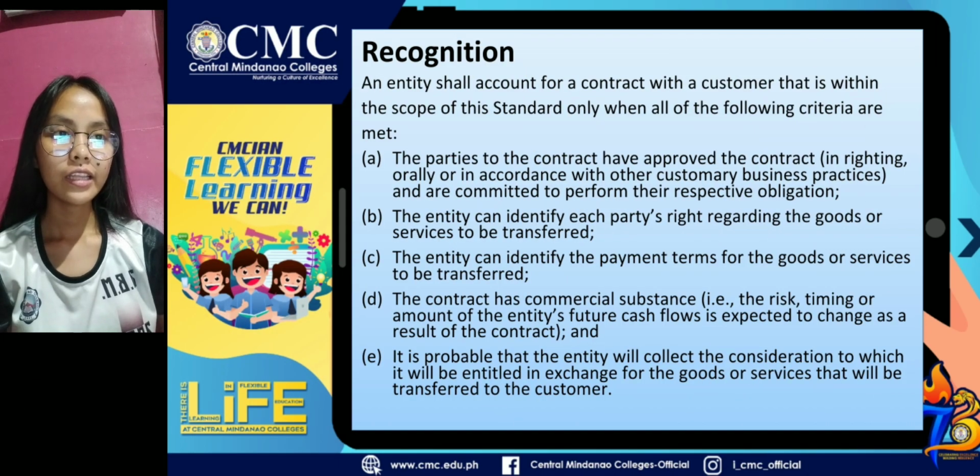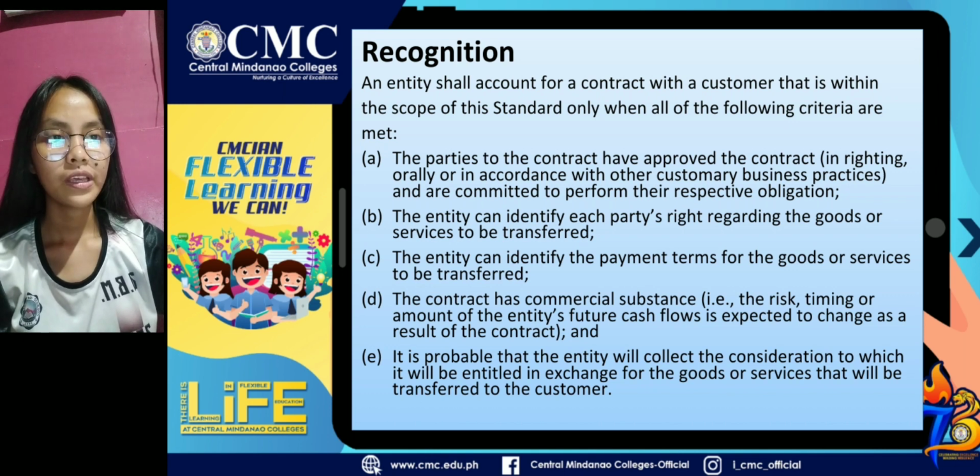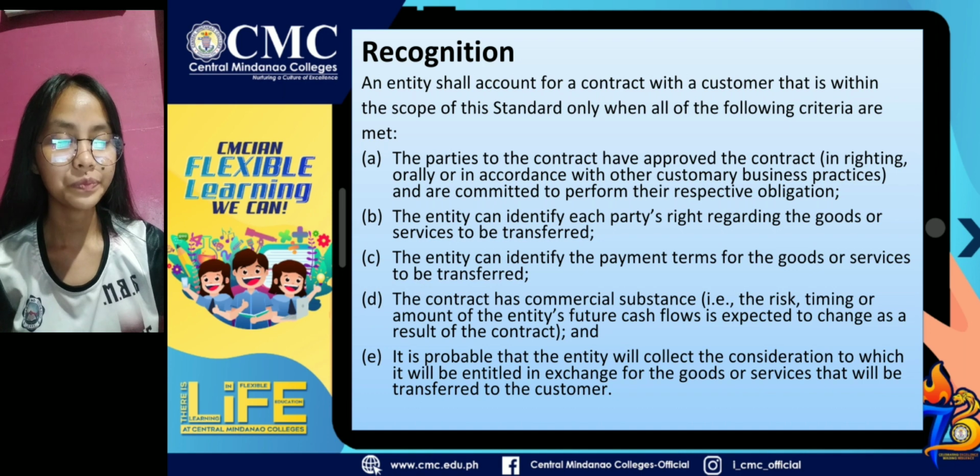Recognition. An entity shall account for a contract with a customer that is within the scope of this standard only when all of the following criteria are met. First, the parties to the contract have approved the contract in writing, orally, or in accordance with other customary business practices, and are committed to perform their respective obligations. Next, the entity can identify each party's rights regarding the goods or services to be transferred.